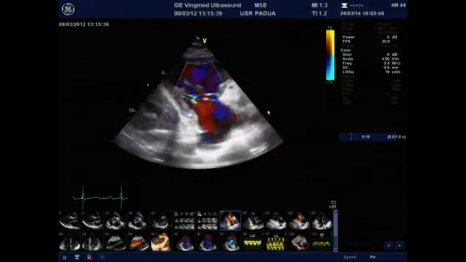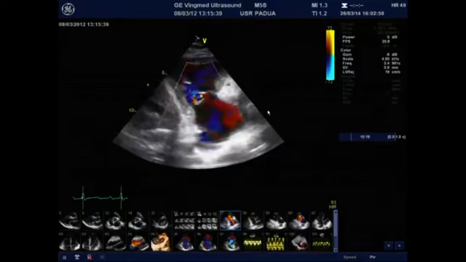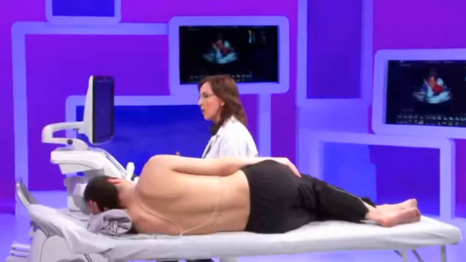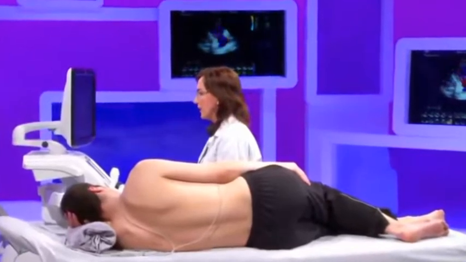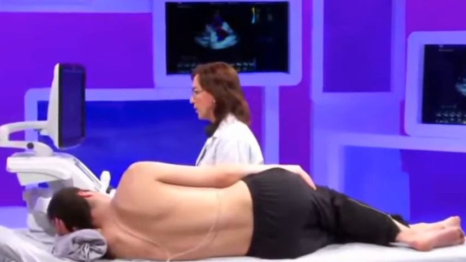You should be able to obtain optimized views of the tricuspid valve in parasternal short axis view, in the right ventricular inflow view, in four-chamber view or subcostal view, in any views that allow you to have a comprehensive assessment of the morphology of the valve and to assess the tricuspid regurgitation jet.